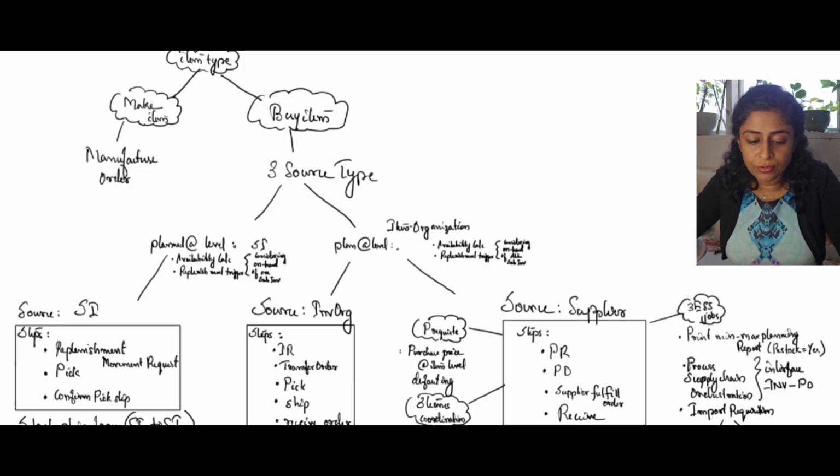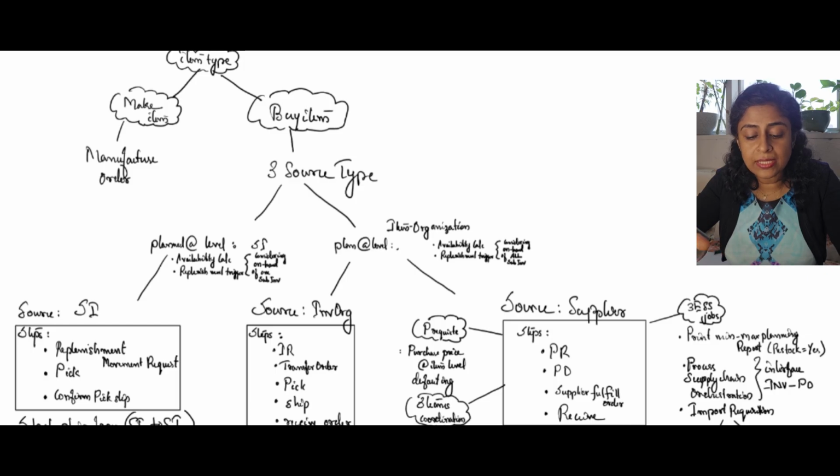Once the supplier fulfills the order, the stock is received into the inventory organization. This flow involves product information management for item setup, inventory for monitoring levels, and purchasing for requisition and purchase order processing.